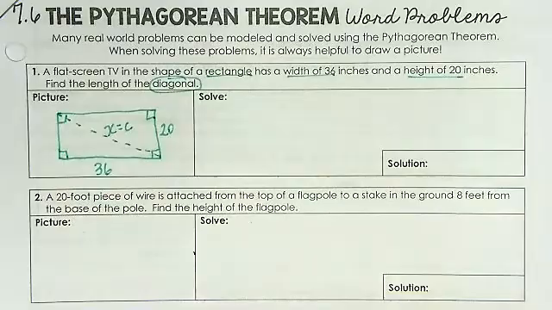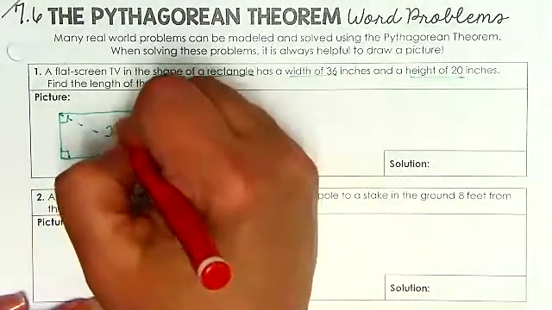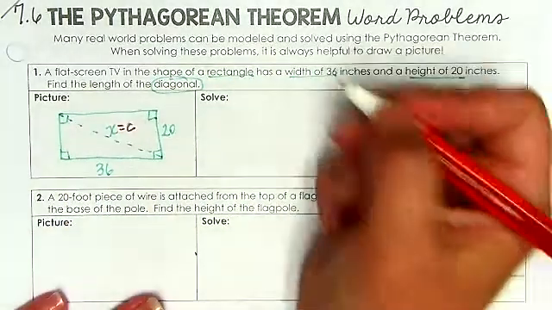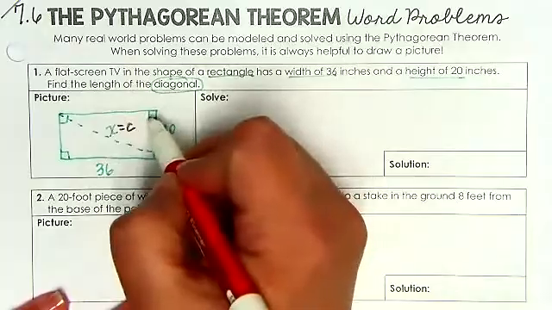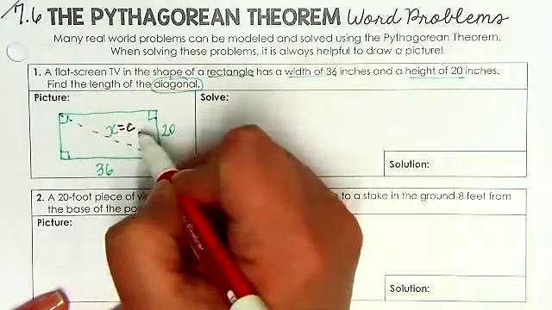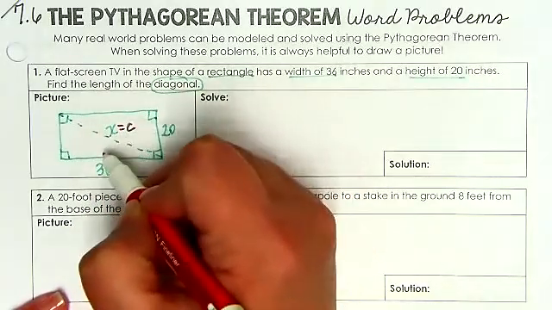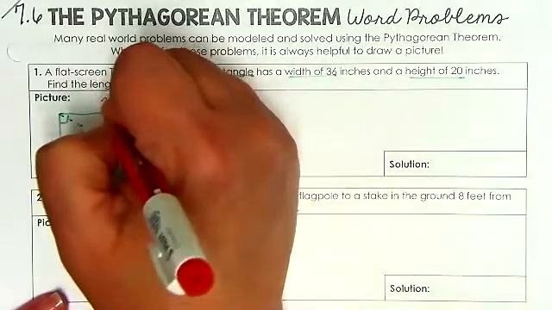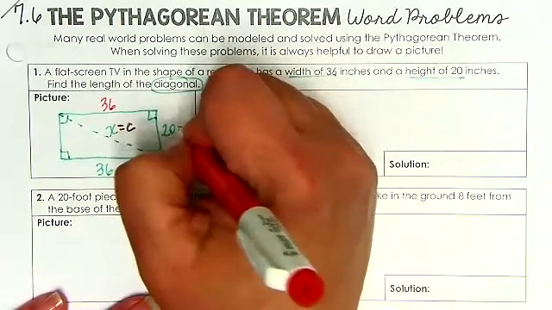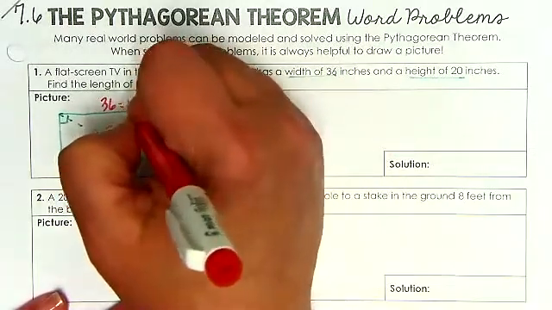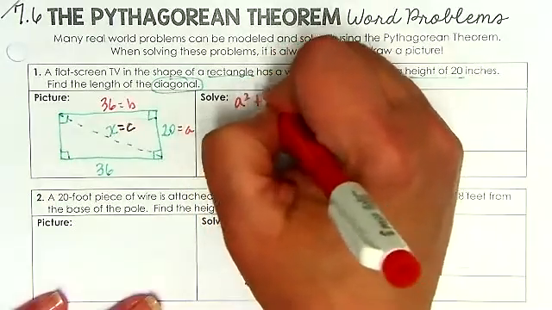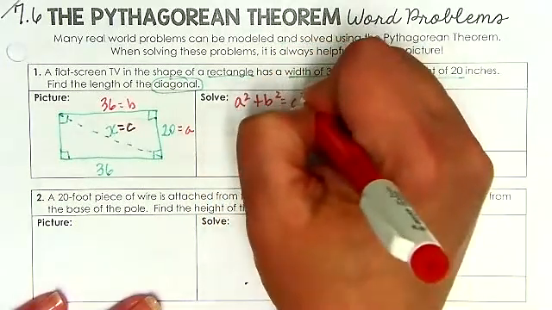Okay, so now we plug in. We're looking for C. So we plug into the Pythagorean theorem formula because the rectangle is divided into two triangles, two right triangles. If it's 36 over here, then it's going to be 36 over here. And I can say this is A, this is B, and there's C. So I plug into the formula A squared plus B squared equals C squared.